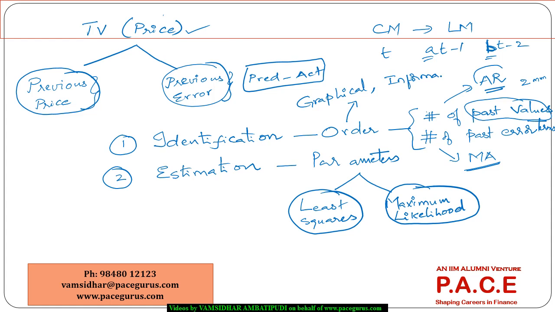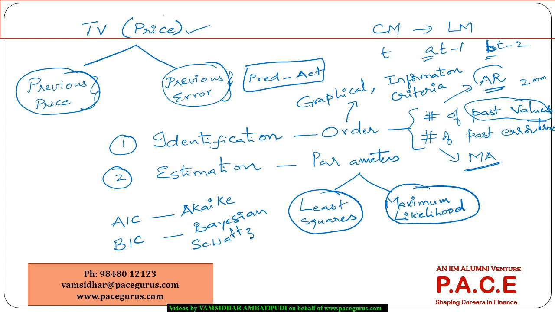We'll see when we implement it practically. There are two major information criteria: AIC, Akaike's information criteria, and BIC, the Bayesian information criteria, also called the Schwarz information criteria.